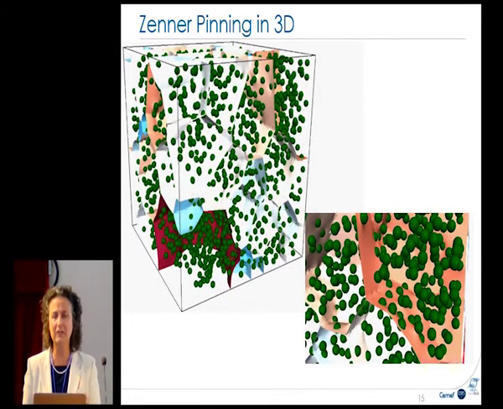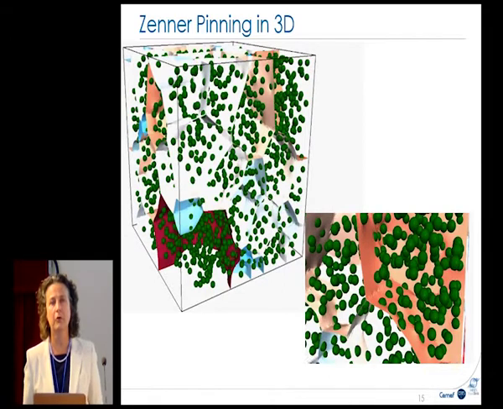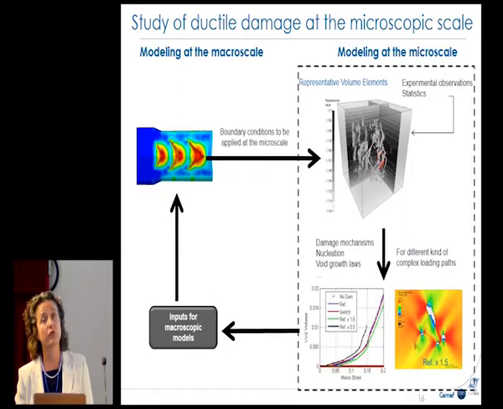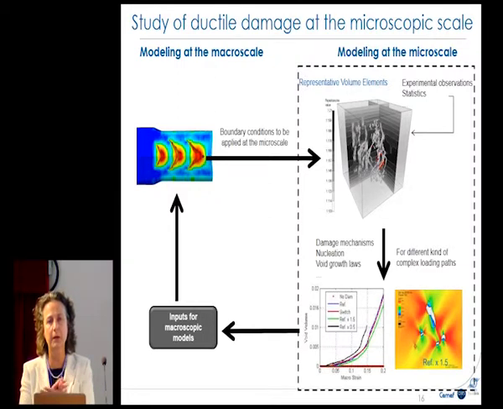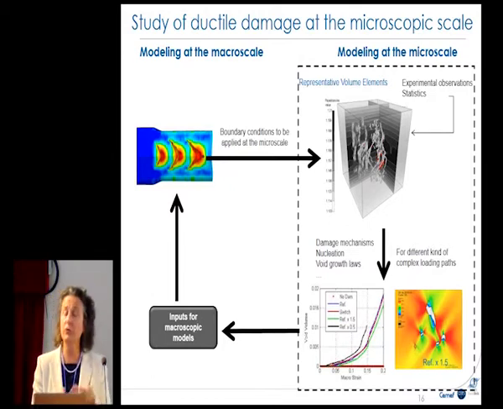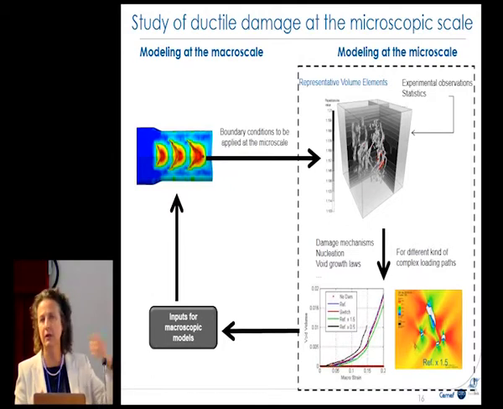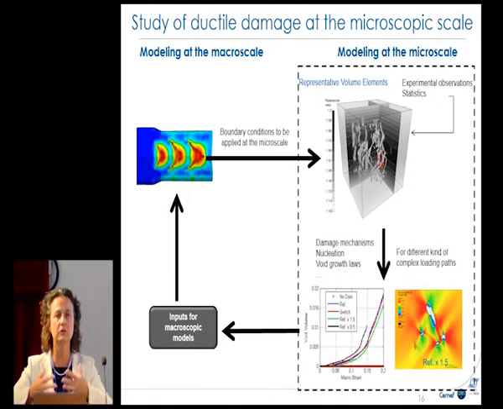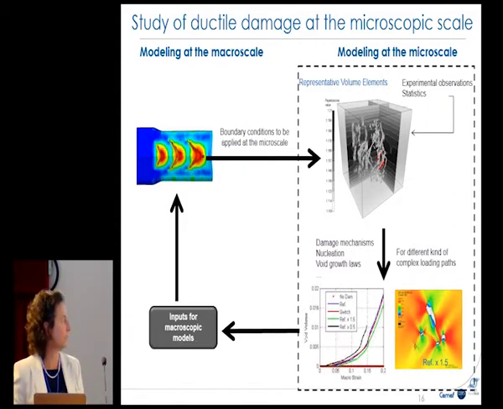Zener pinning. This is a very important problem because it is a real and strategic problem for superalloys in aeronautics. The Zener pinning is due to the small rigid particles we have in a superalloy, coming from the history of casting and so on. But these particles can block the evolution of the grain during the processes.